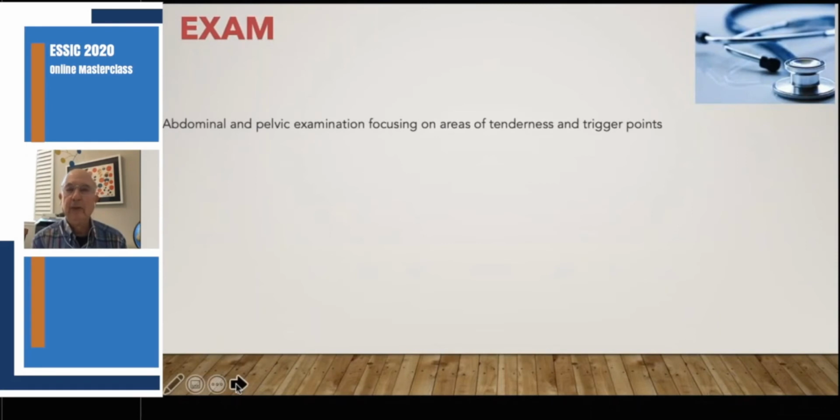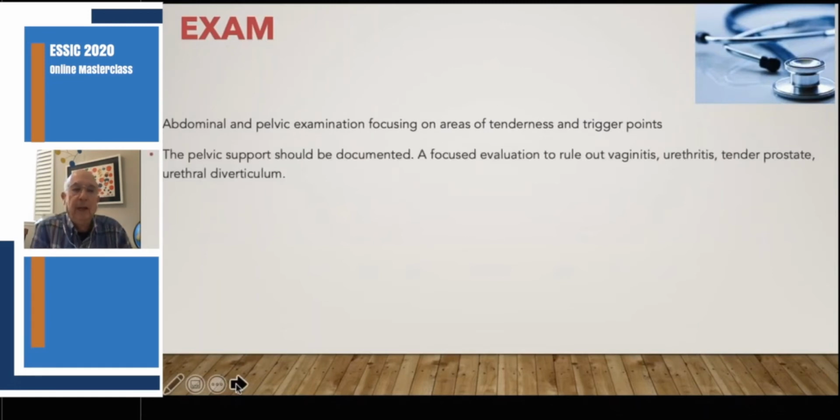With an exam, you can further narrow it down and rule out confusable disorders. An abdominal and pelvic examination should focus on areas of tenderness and trigger points. Pelvic support should be documented. A focused evaluation should rule out vaginitis, urethritis, tender prostate, urethral diverticulum. You want to do a brief neurological examination, an ultrasound post-void residual.